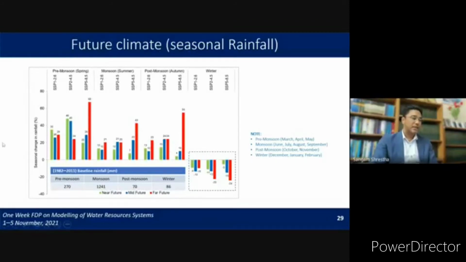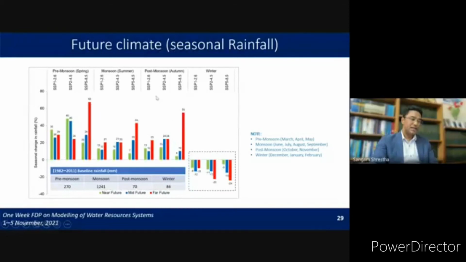So in this graph, you can see how the rainfall is going to change in the pre-monsoon, monsoon, post-monsoon, and winter season in the basin. Okay, so this table shows the baseline rainfall in different seasons, and the graph shows the percentage change in the seasonal rainfall compared to the baseline period.